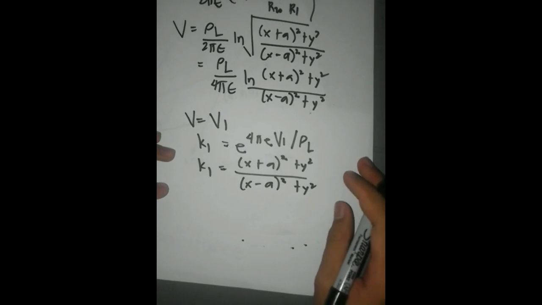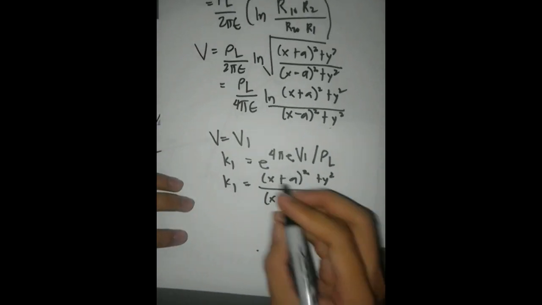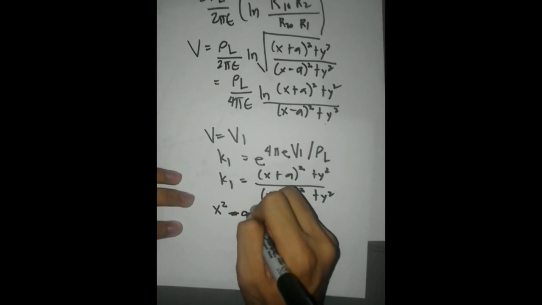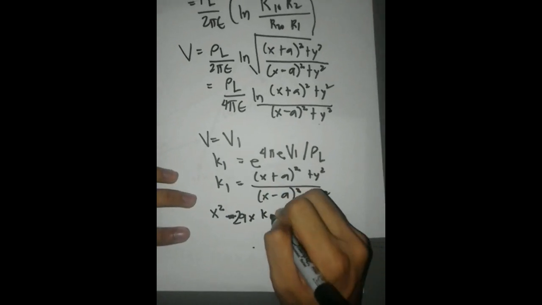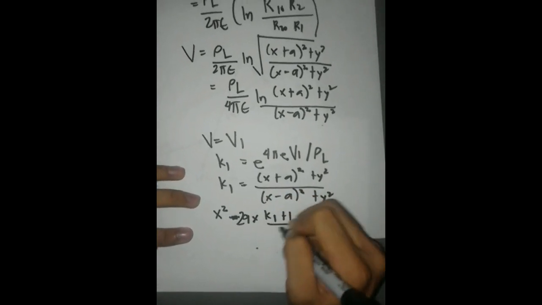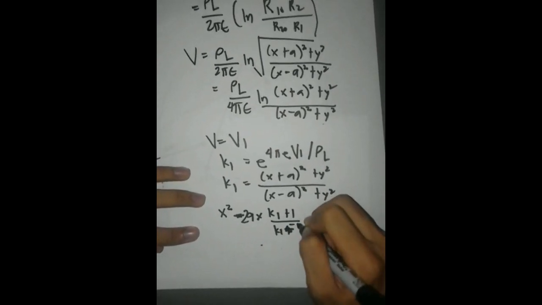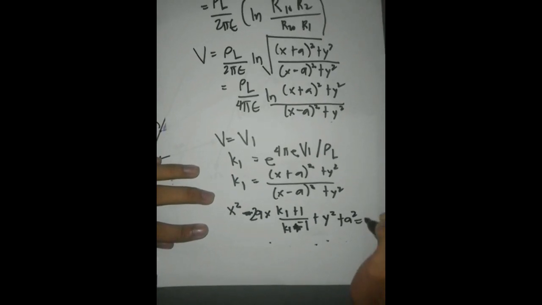After multiplying and collecting like powers, we obtain x squared minus 2a x (K1 plus 1) over (K1 minus 1) plus y squared plus a squared equals 0.